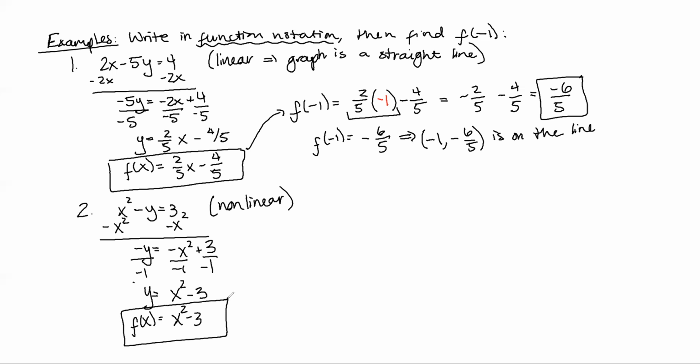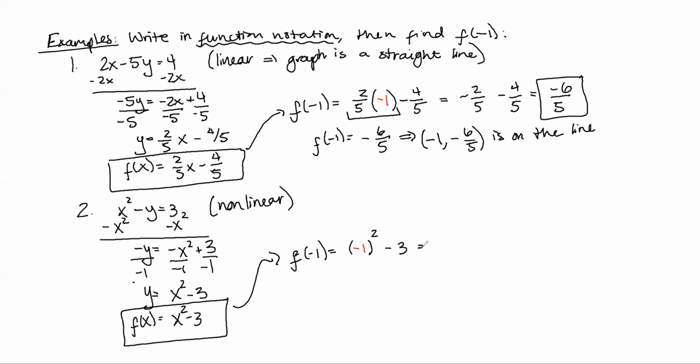Now, if we go ahead and find f of negative 1, we're going to take our function here, x squared minus 3, and replace x with negative 1. So again, this x, I'm going to use parentheses whenever I plug in. So let's put parentheses squared, that's our x squared, and we're going to put a negative 1 in there, and then minus 3.